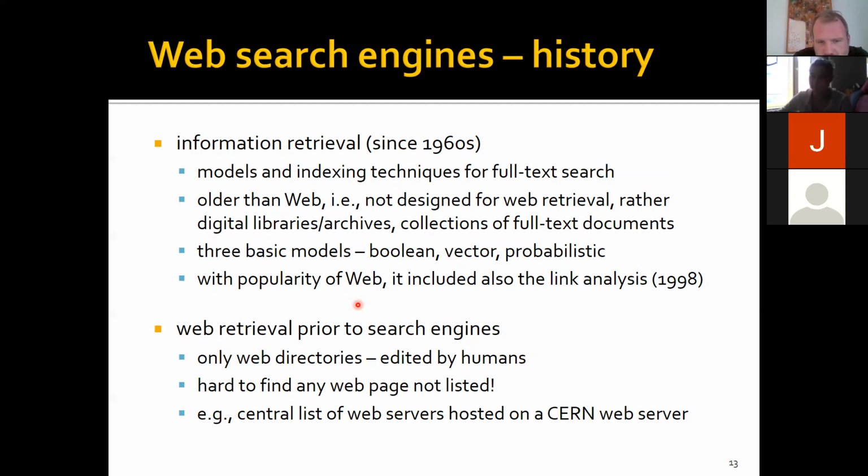So this was not a solution, and you cannot find anything that was not listed. It's not only a problem of quantity, but also the frequency of updates, because not only are there many nodes in the web graph, but the nodes also change permanently. The content is changing. If you have, for example, news servers, there is always new information.